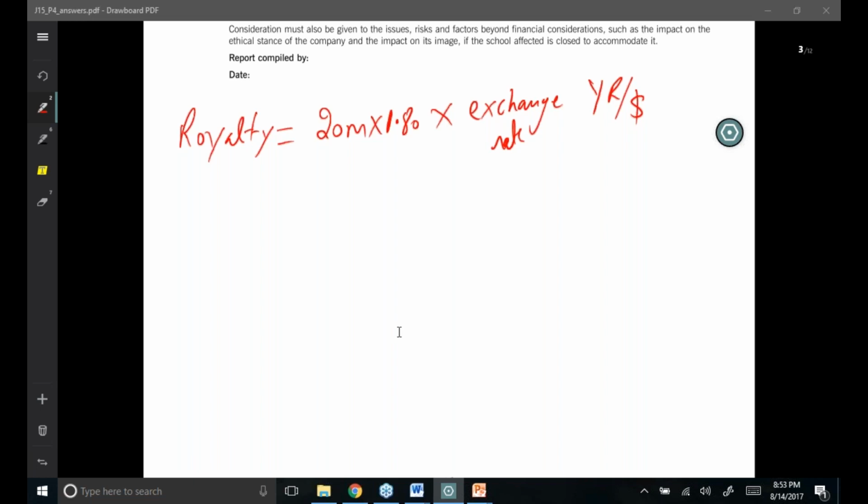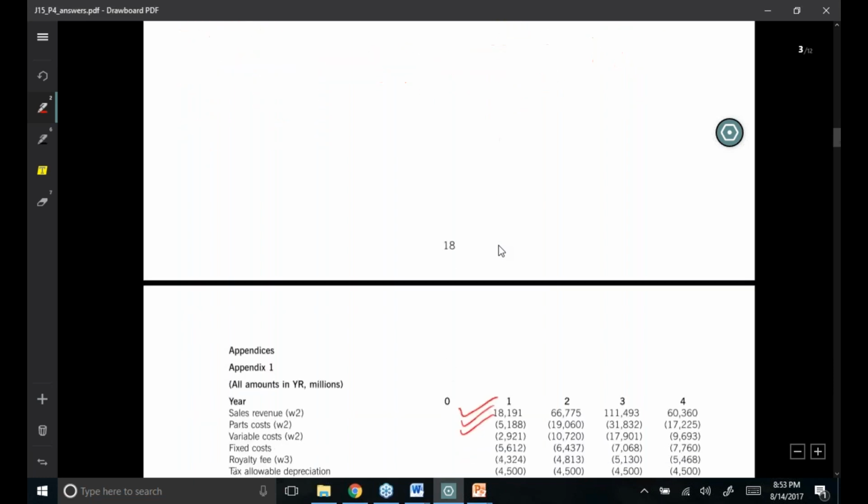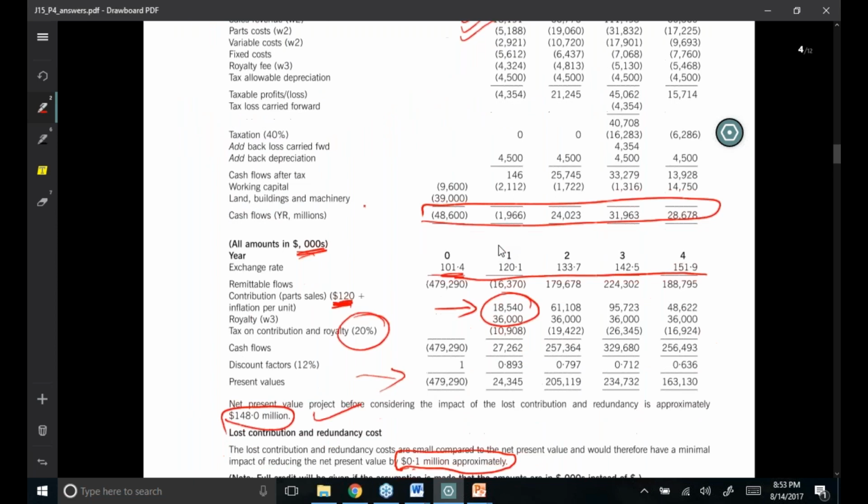Okay, there is another question: where will we deduct redundancy cost if it is material? I'm assuming that redundancy cost is material, and let's go back to the proforma. If redundancy cost were material, then you must deduct it in the calculation of parent company cash flows.